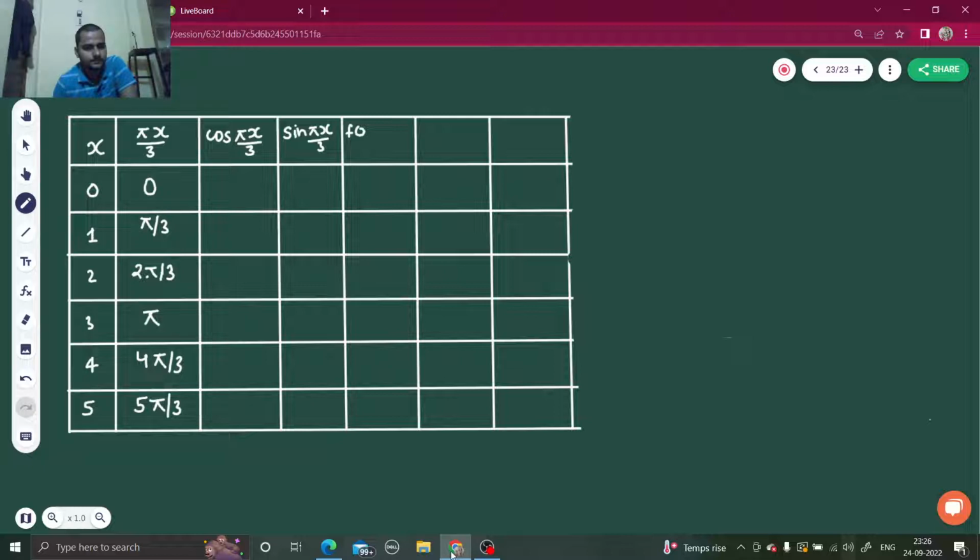So fx sine pi x by 3, fx cos pi x by 3, and one y will also be there, which is fx itself. I would have written fx earlier.